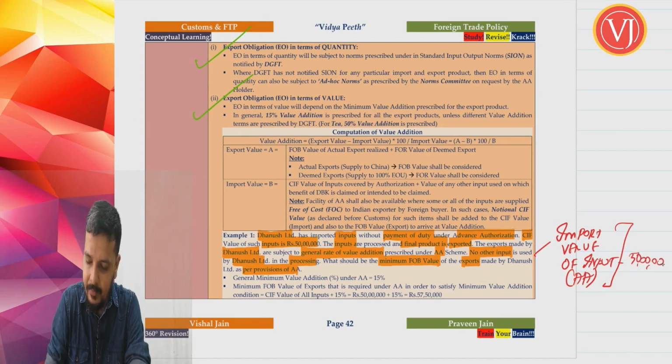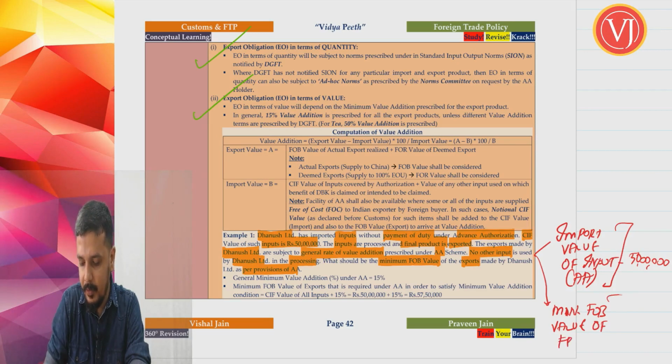And friends, what is the minimum validation that is required? You require 15%. So the minimum FOB value of your final product should be 50 lakhs plus, directly I can add 15%.